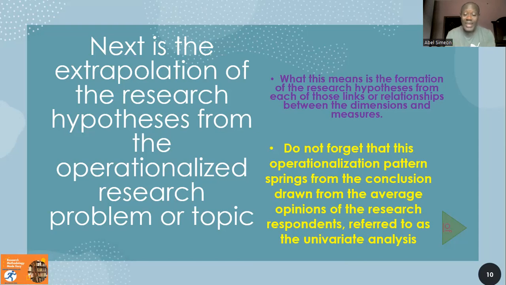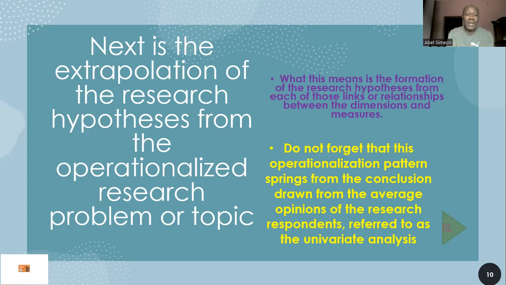Those that said yes, I agree, strongly disagree, and all that, you do the data cleaning, you sort them out, and then you carry out the univariate analysis by way of frequency table. And you now conclude, from what I have seen in the frequency table, I think this has a relationship with this, this does not have a relationship with this. That is another way of getting a hypothesis. Or you get it from the operational framework.